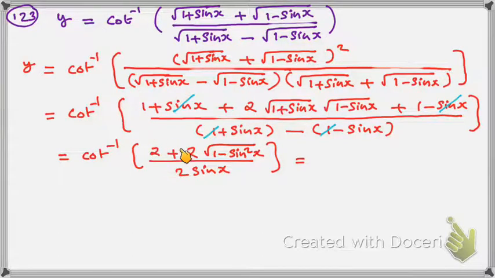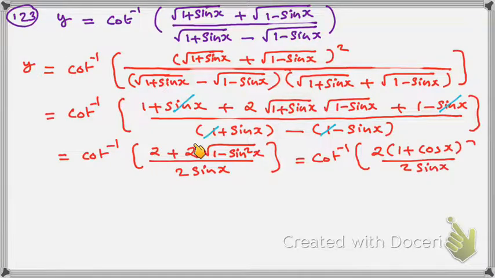So in the next step, what would happen is this 2 common factor, if I take out, it will cancel with the denominator, and 1 minus sine square x is cos square x. So it's going to be cot inverse of 2 into, I'm taking the common factor out of the numerator, so 2 into 1 plus root of 1 minus sine square x, which is cos square x, root of cos square x is cos x, divided by 2 sin x. 2 and 2 will cancel.